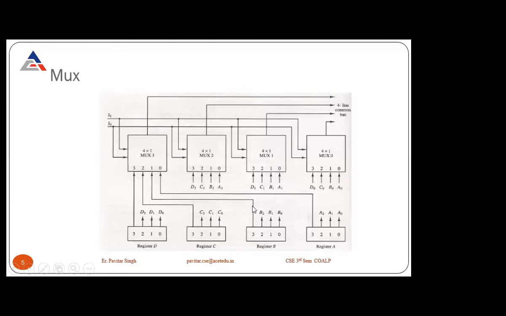This is your B3. Similarly for 1 0, C register will send the data onto the bus, and for 1 1, register D will send the data onto the bus. Right? So now the data have been placed onto this 4-line common bus. So this is the concept of multiplexer.